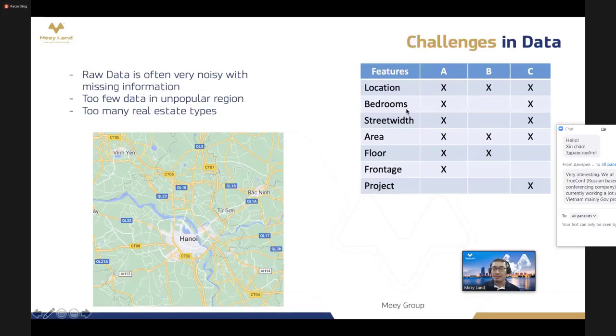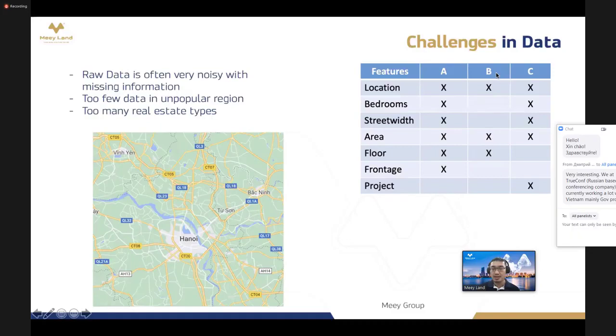For example, here I have a table with some features that are important when we want to evaluate the price of a property, like the location, the number of bedrooms, the street width, the width of the road in front of the house, which is also an important factor, with the area and floor. So with property A, we have a lot of features, so it is kind of easy to estimate the price.